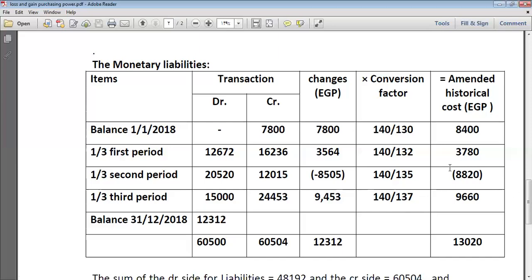Okay, then we should multiply changes times conversion factor to get the amendment of historical cost، علشان اجيب التعديل after the inflation.